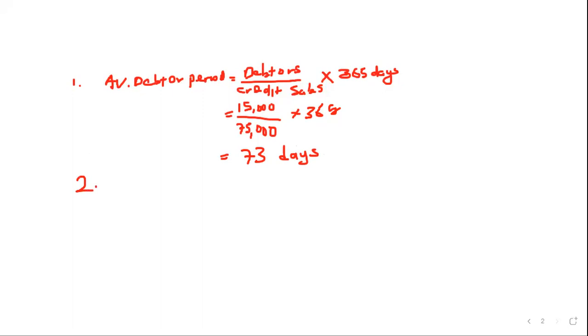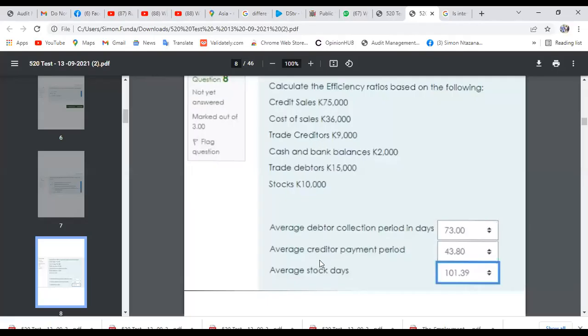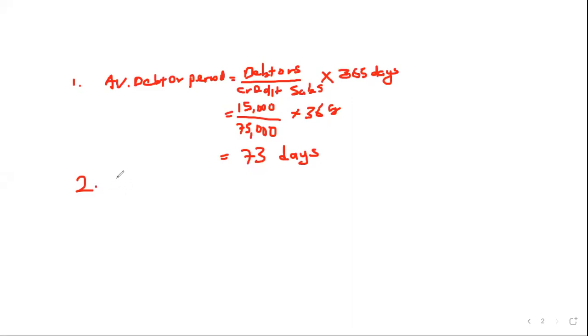Then two is asking us what? Average creditor period. Okay. So is that okay? Yeah, very okay. So average creditor period will be average credit period.